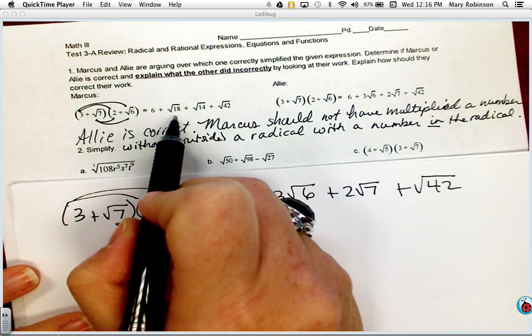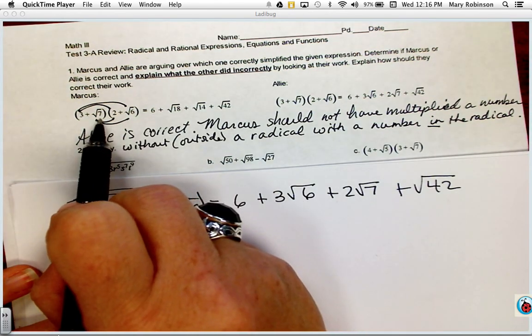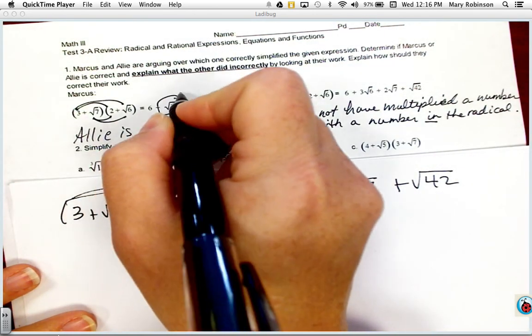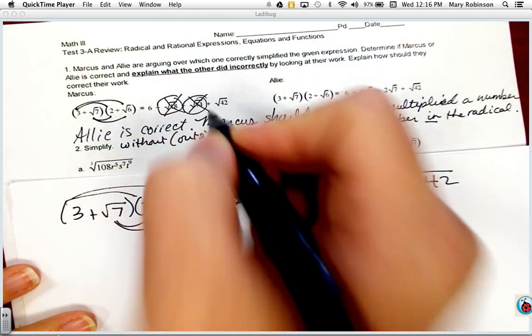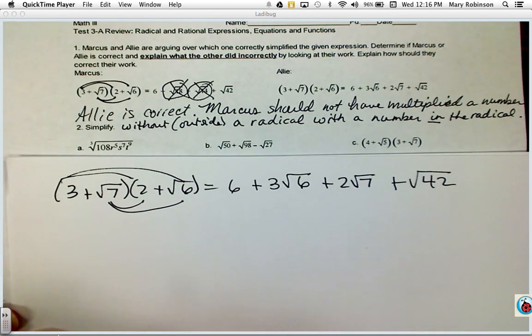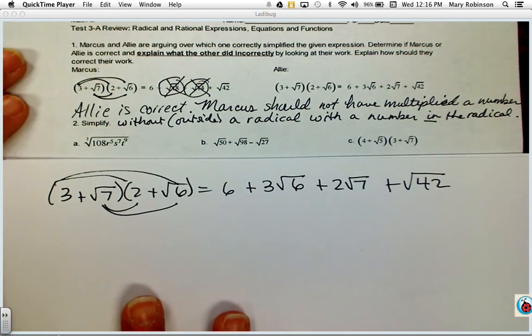So that's what he's consistently doing. He's doing square root of 7 times 2 is the square root of 14, and these are incorrect. So these terms here, he messed up on. Everything else is okay, but the problem's wrong because he multiplied those incorrectly.